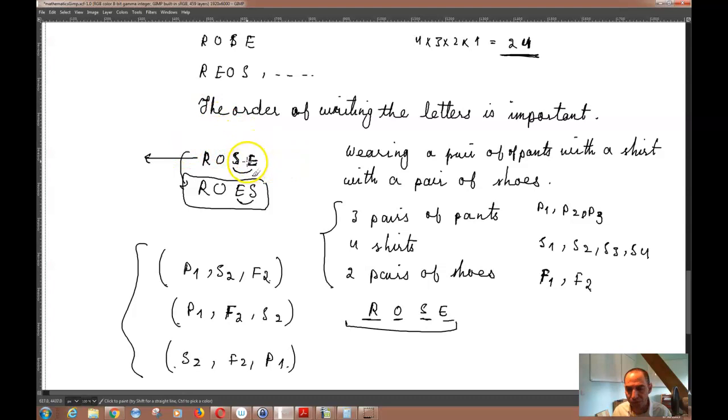This is a fancy name, but you need to understand the situation and then link it to this name: the permutation of 4 different letters taken all at a time.